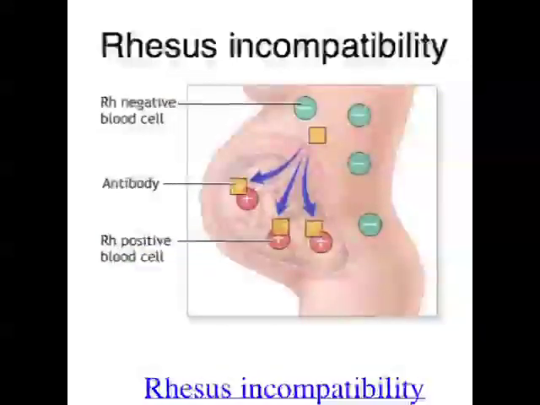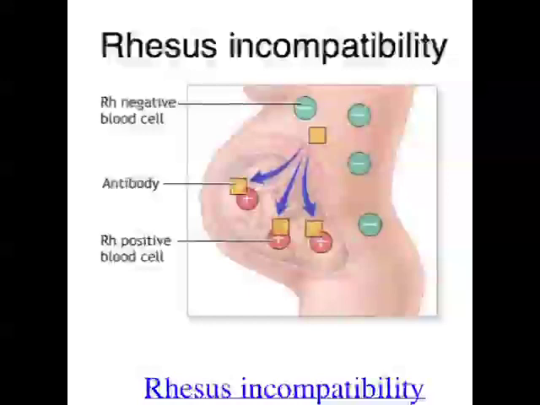Another problem with immunity is Rhesus incompatibility. Human blood can be classified as either Rhesus positive or Rhesus negative, and this relates to the Rh factor, or Rhesus factor, on the surface of red blood cells. If a Rhesus negative mother, who doesn't have the Rh factor on her red blood cells, has a Rhesus positive child at birth, this can activate an immune response in the mother, so she can basically become immune to Rhesus positive things.